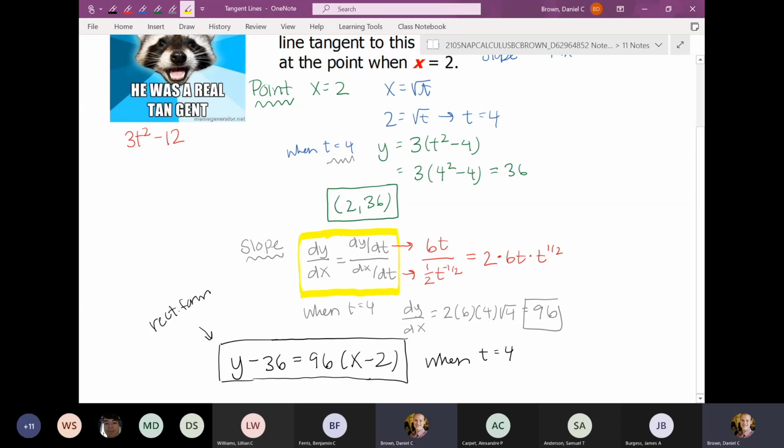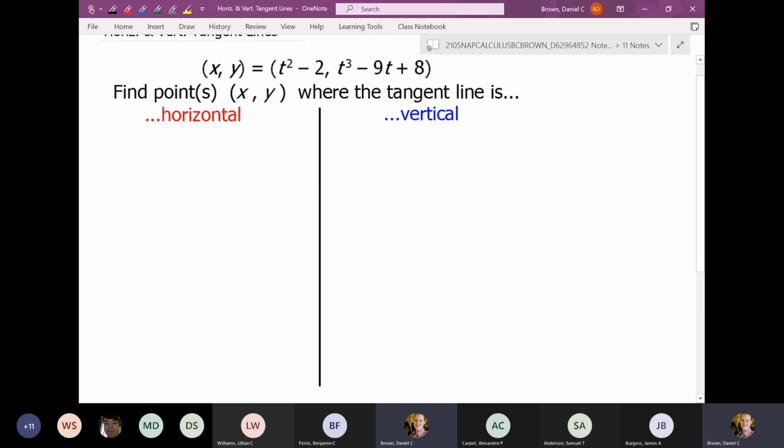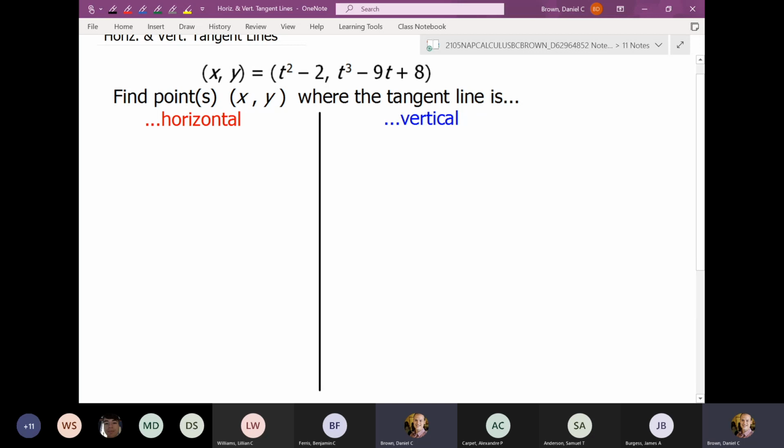All right, let's think about some other things that we can do with the derivative. We have intervals of increasing and decreasing, and we have extrema. One of the more common questions when dealing with parametric functions is asking when the graph has a horizontal or vertical tangent line. Let's review what we know from first semester about what this represents.